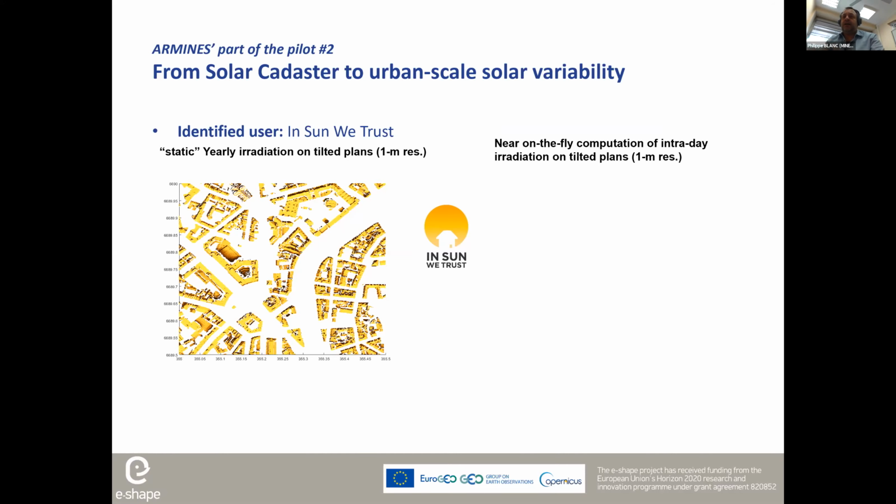We are at the origin, with Transvalor, of the algorithm and the operational processing chain to provide cities and groups of cities with solar cadastres. Once created, these solar cadastres are operated and disseminated by INS and WeTrust in their own web services.